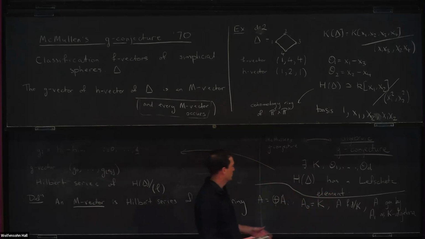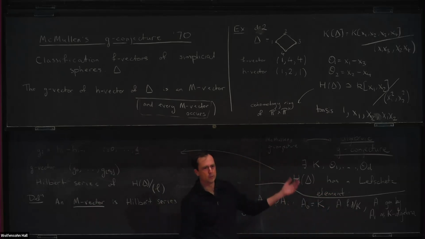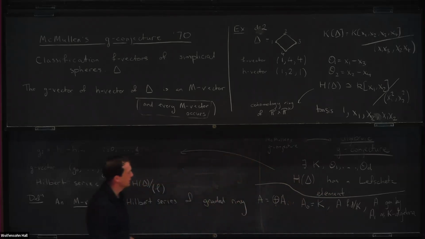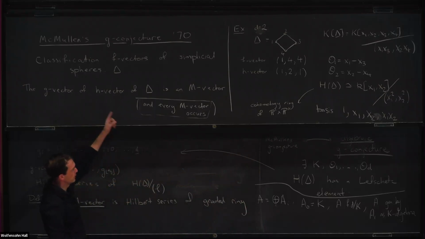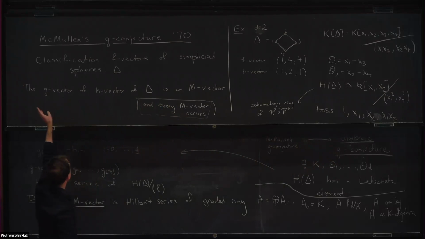The flavor of it is that if you know your algebra is generated in degree 1, you can't have too many elements in degree 2, so it bounds the number of elements you can have in every degree. This problem was solved by Macaulay in the 1920s, and this shows that the algebraic g-conjecture implies the statement I have above, that the g vector is an M vector, because it's the Hilbert series of some algebra.